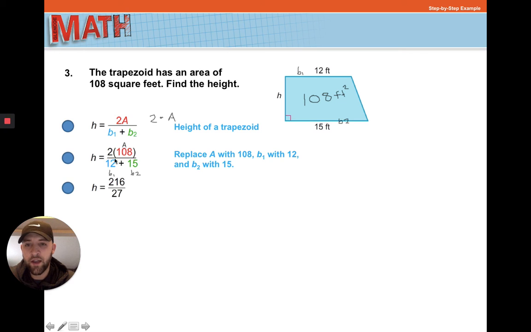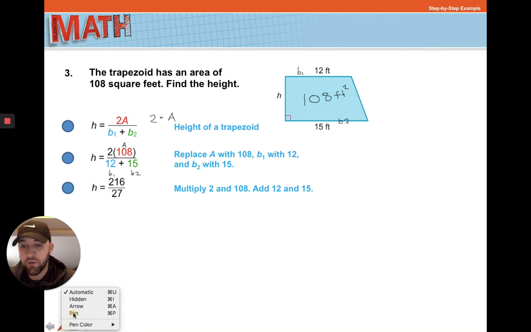If we multiply up top here, 2 times 108, you should get 216. And then if we add 12 plus 15, we get 27. So now I just have a division problem. It looks like a fraction, but it's actually a division problem. This is 216 divided by 27.